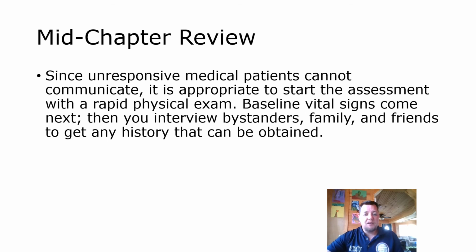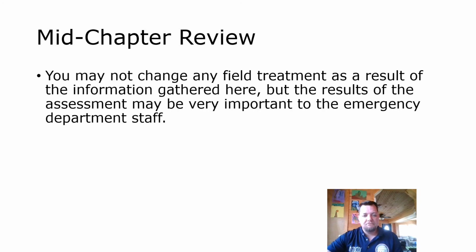Since unresponsive medical patients cannot communicate, it is appropriate to start the assessment with a rapid physical exam. Baseline vital signs come next. Then you'll interview bystanders, family, and friends to get any history that can be obtained. You may not change any field treatment as a result of the information gathered here, but the results of the assessment may be very important to the emergency department staff.